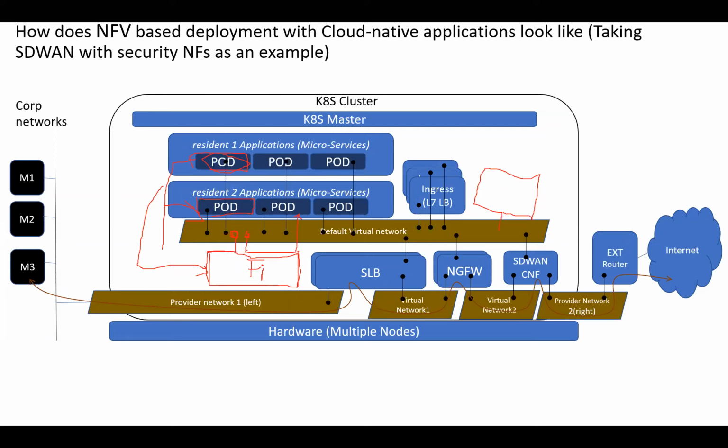Marcus, basically you are trying to use the CNF to filter the traffic and rate limit. So are you going to implement the functionality within that particular CNF, or are you going to use flows to control, like ACL flows in the OS? No, the functionality is in that pod.